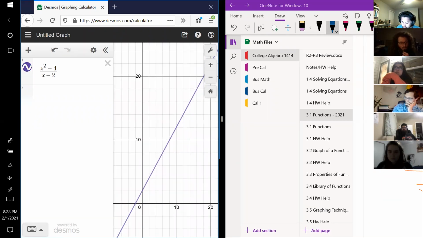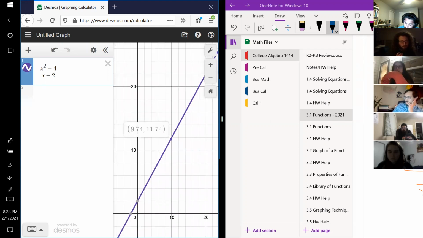So here's the function we're dealing with. But again, if we graph it, you're going to get an undefined value at 2. So if I drag my pen down until I get to 2, maybe I need to zoom in more.